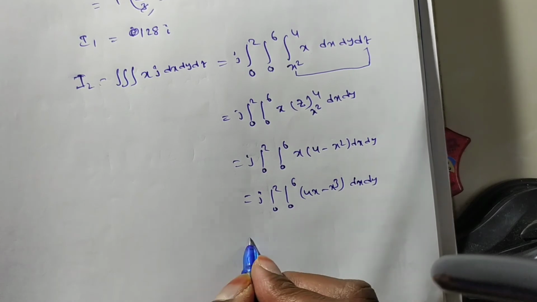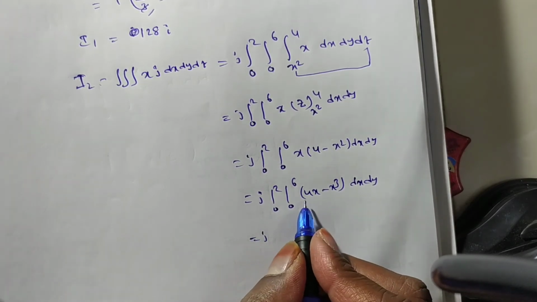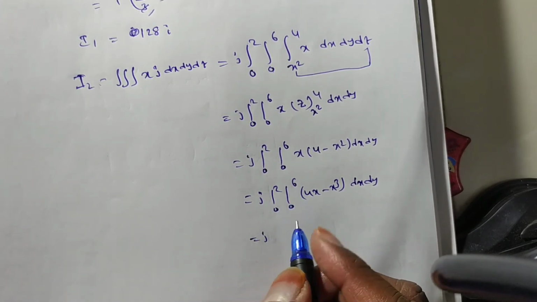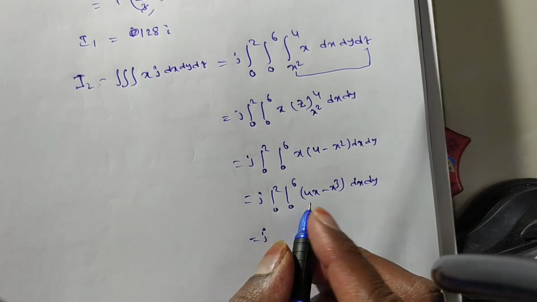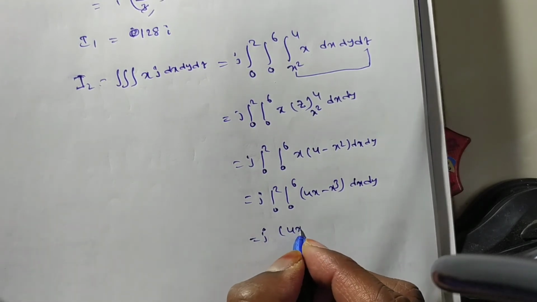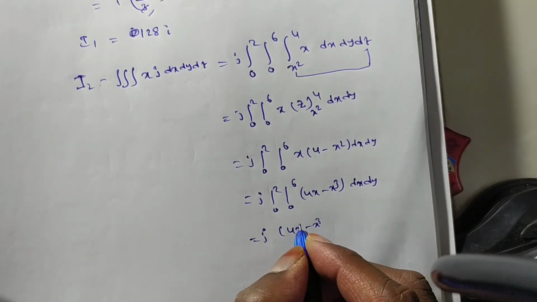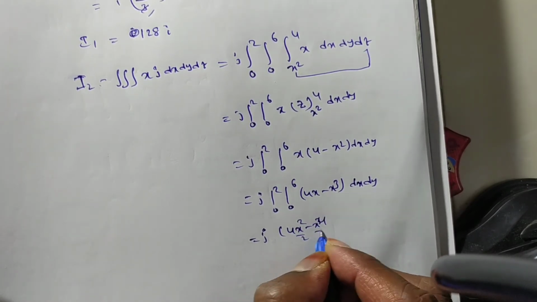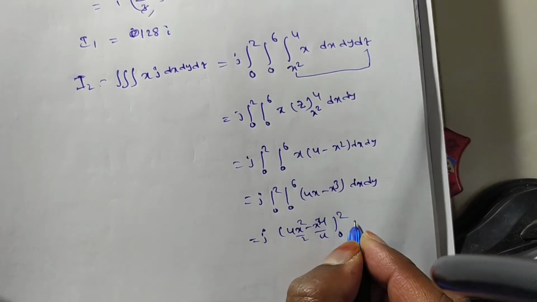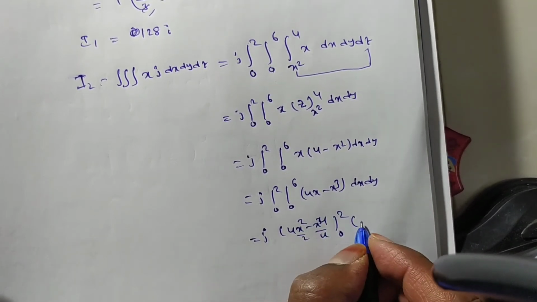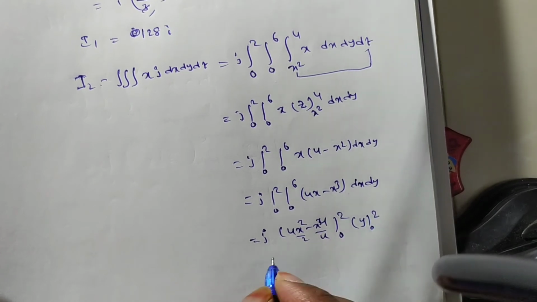Now observe that the limits of x and y are independent, so we can integrate in any order. First I integrate with respect to x: 4x minus x cube integrates to 4x squared by 2 minus x to the power 4 by 4, limits from 0 to 2, and the coefficient 1 integrates to y, limits from 0 to 6.